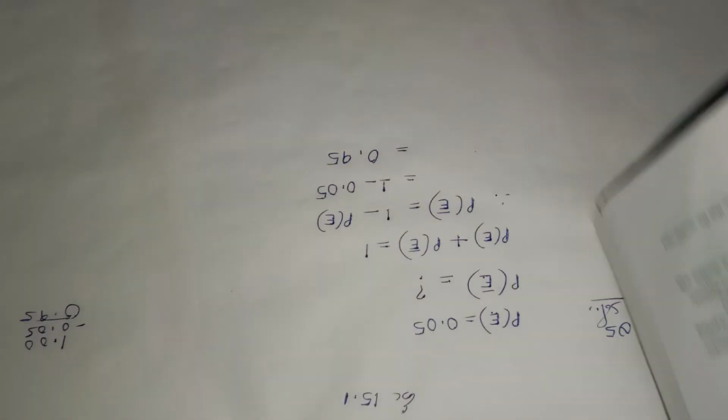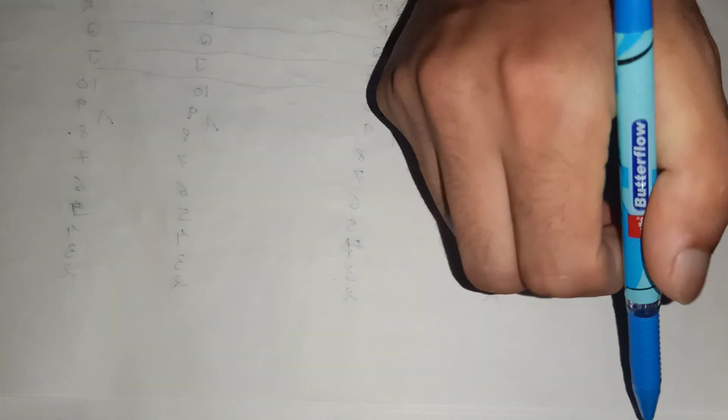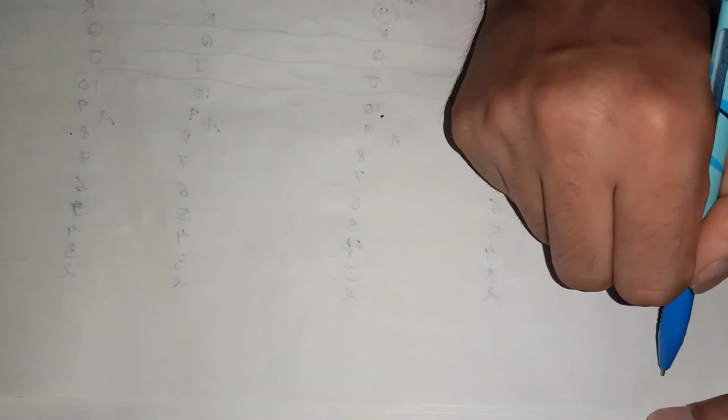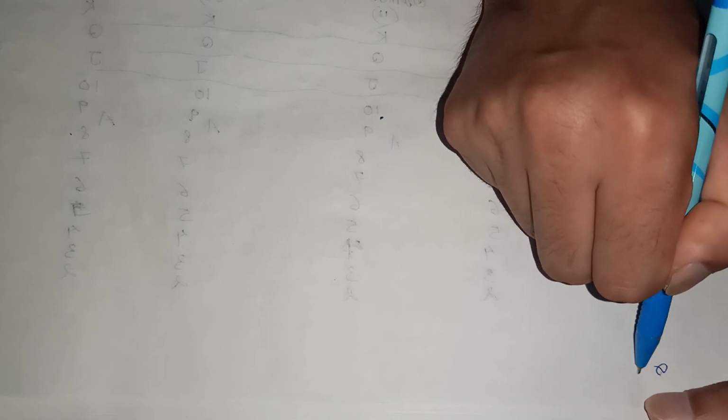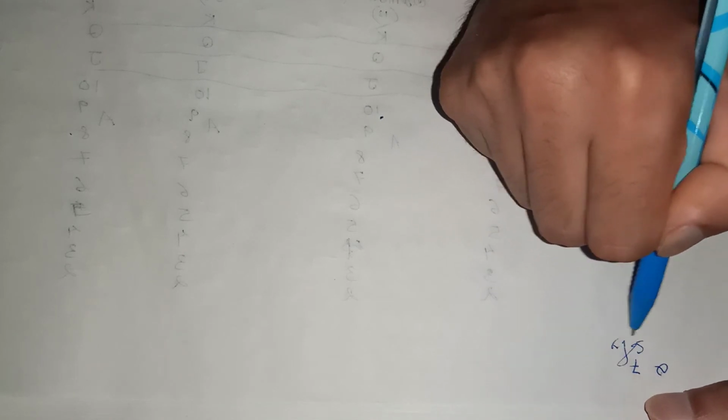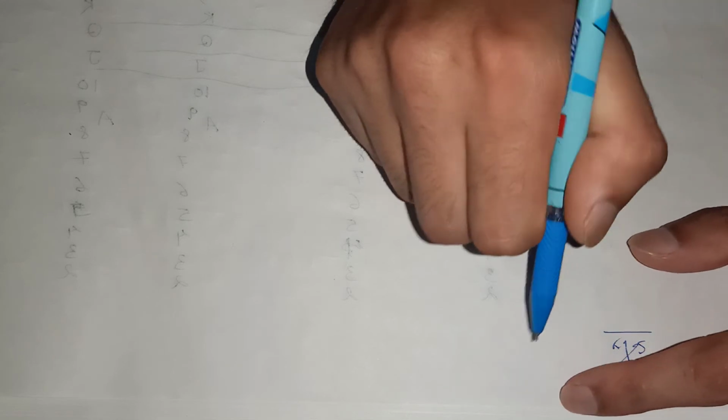So what I'm going to do is write a solution. Question number 7. Now we want to find out the probability of two students having the same birthday, and the probability of two students not having the same birthday is given.